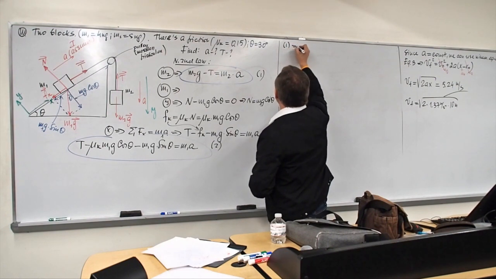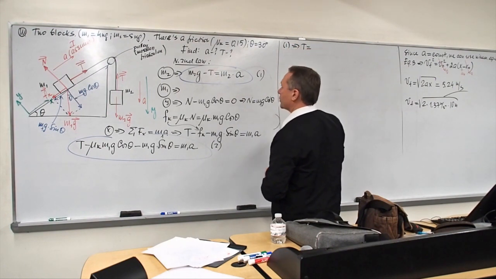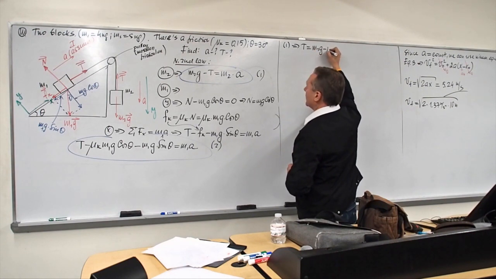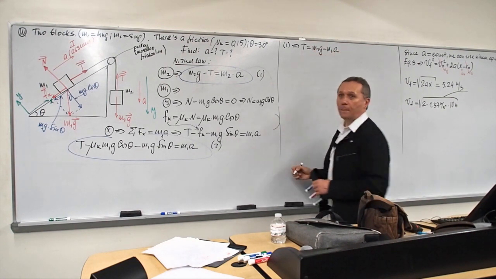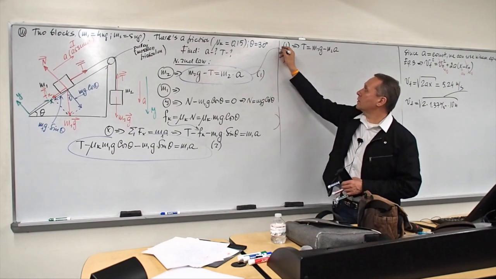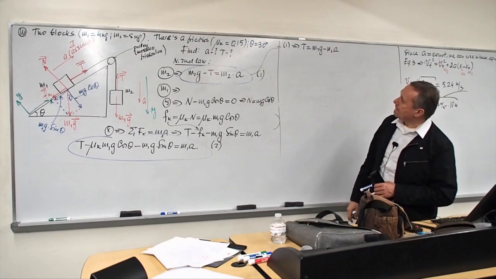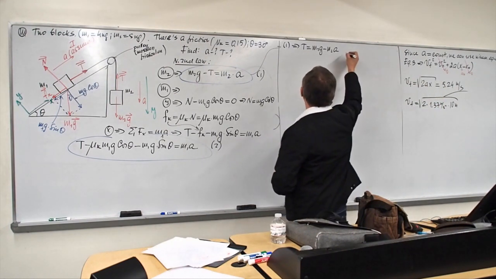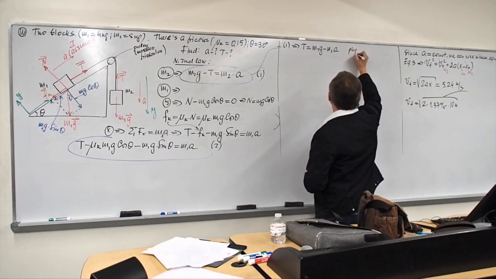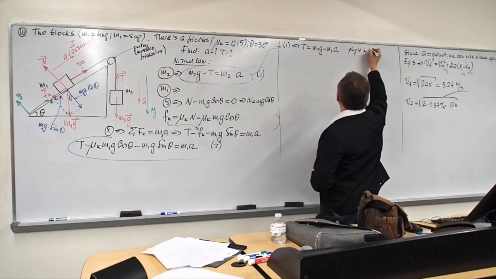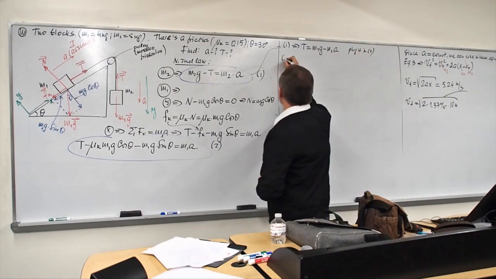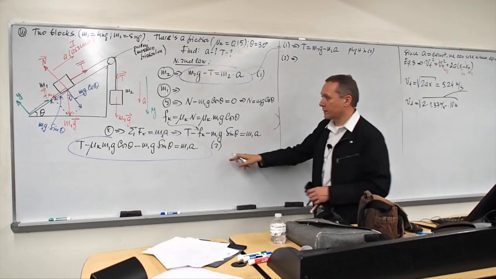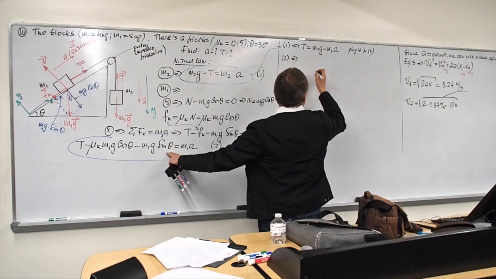So from equation number one, T equals m2 g minus m2 a. And now plug it into the second equation. Now we have to be careful.